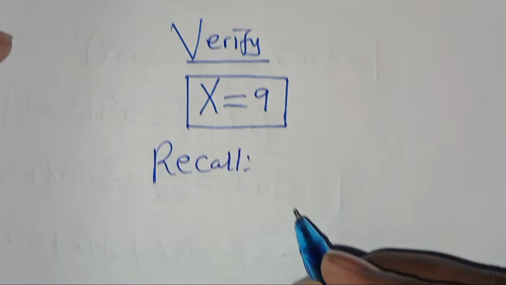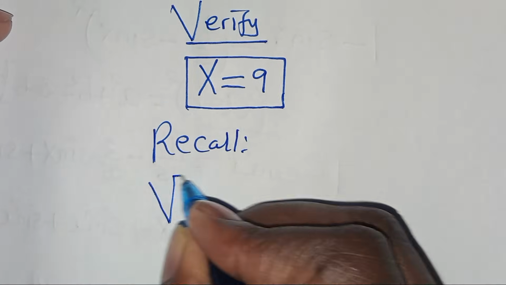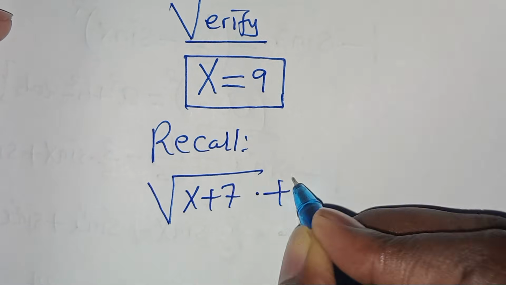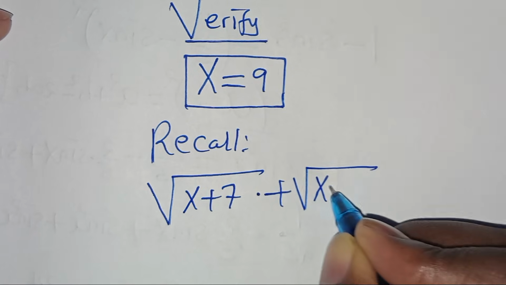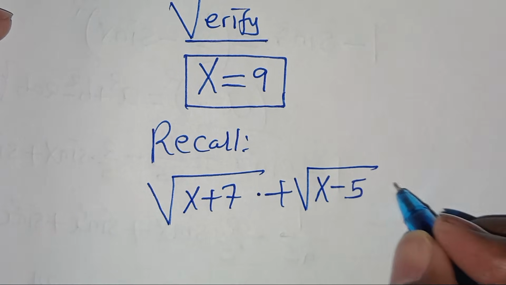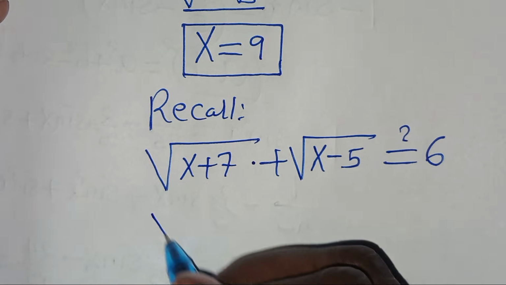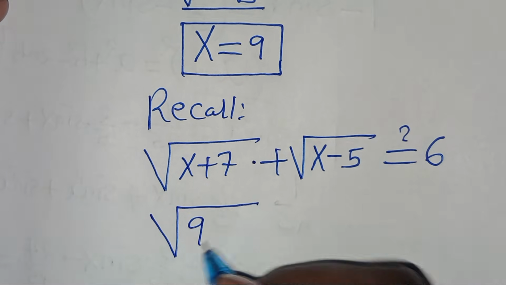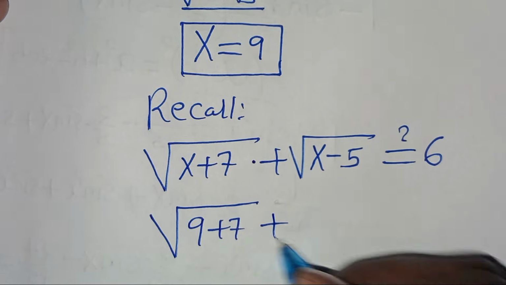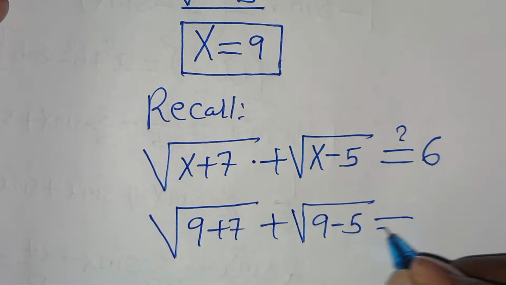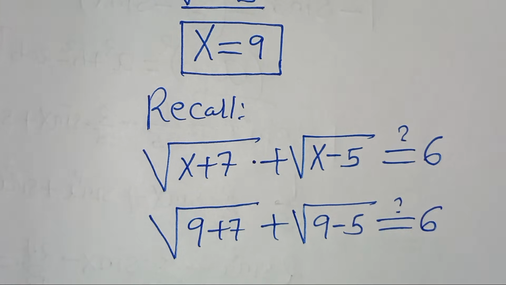Now, if you recall, we have the square root of x plus 7, plus the square root of x minus 5. This is supposed to give us a value of 6. So this is the square root of 9 plus 7, plus the square root of 9 minus 5. This is supposed to give us a value of 6.